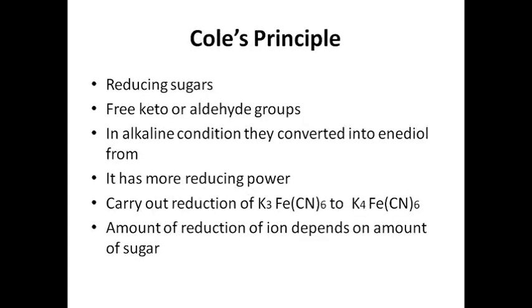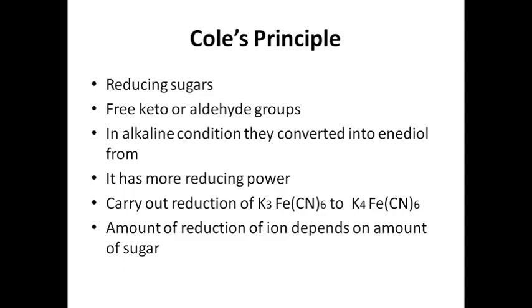Now let us see about Kol's method and its principle. Reducing sugars are those that have a free aldehyde or a free keto group. Such sugars undergo tautomerization to form enol salts under alkaline conditions, and these enol salts can work as very powerful reducing agents.